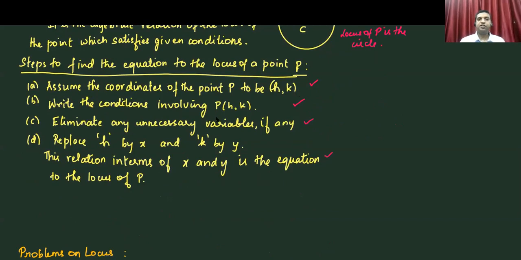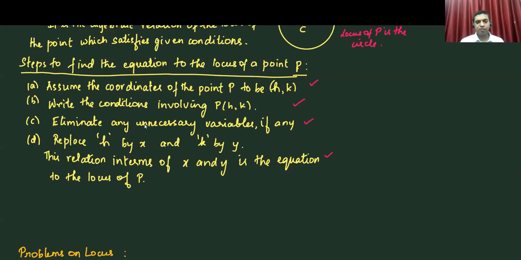Now write the conditions involving P(h, k). Eliminate any unnecessary variables, if any, and replace h by x and k by y. The relation in terms of x and y is the equation to the locus of P.